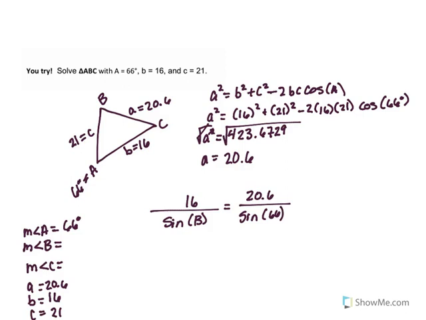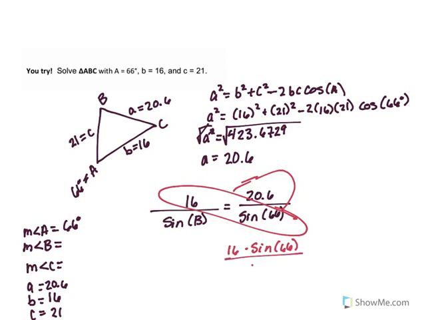You guys know I like to call this the sombrero method just because I think it's funny, but really you're cross multiplying here. So multiply, divide, make your sombrero. So you've got 16 times the sine of 66 over 20.6 equals the sine of B.